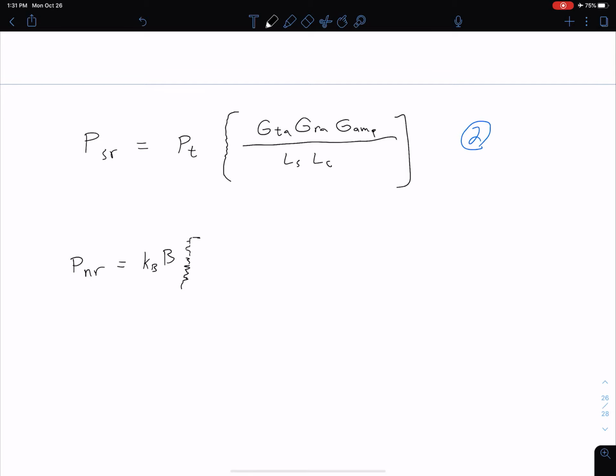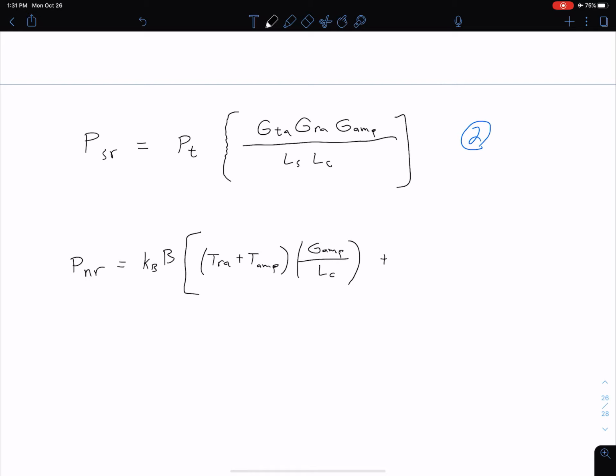So for instance, the temperature of our receiving antenna, as well as the temperature of our amplifier, and these are effective input temperatures, are going to be multiplied by G amp and divided by the loss in the cable L sub C. Again, we're essentially treating that cable as if it has a gain of 1 over L sub C, so it's attenuating the signal.